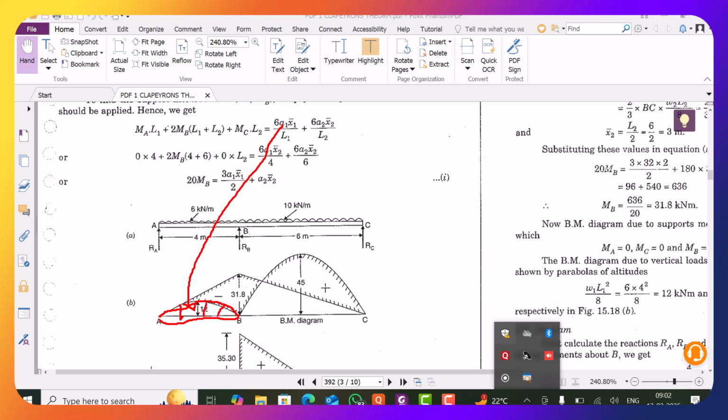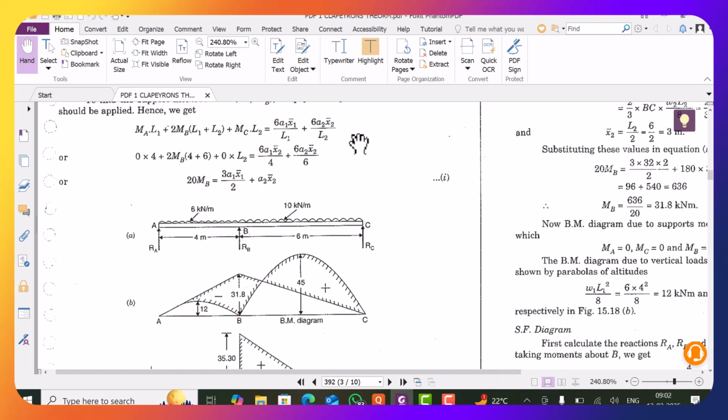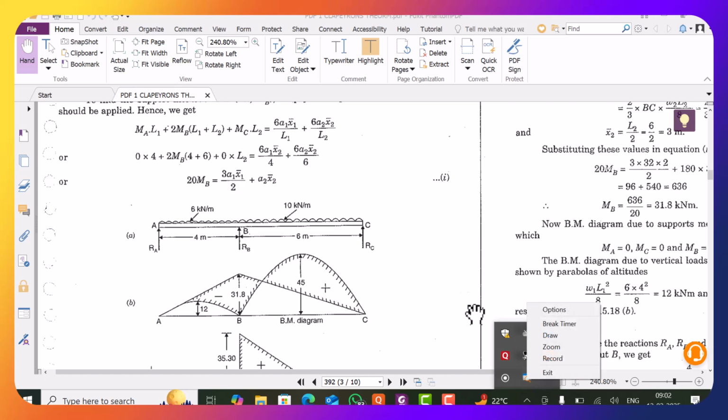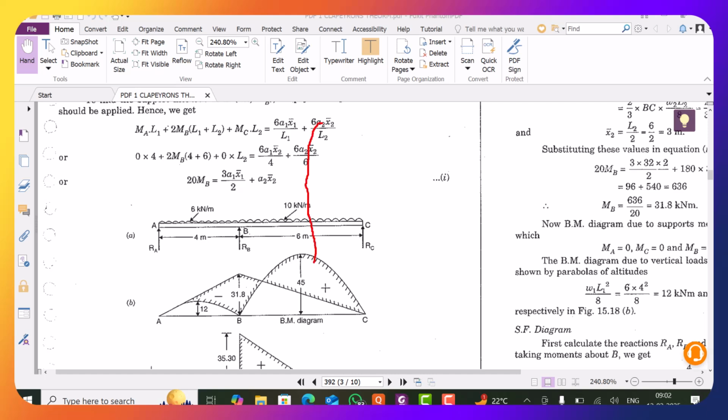I am trying to show it by the shaded area. A2 is the area under the bending moment diagram plotted for span 2. This area, which I am showing by the shaded red lines, will be A2.